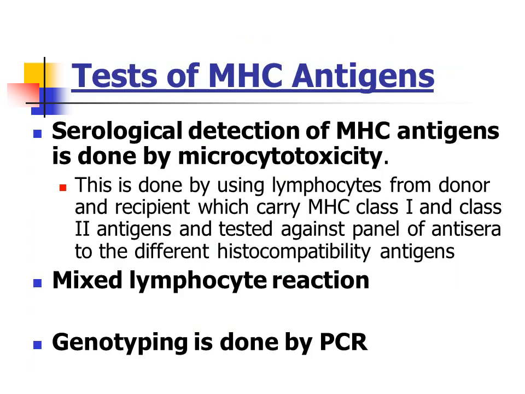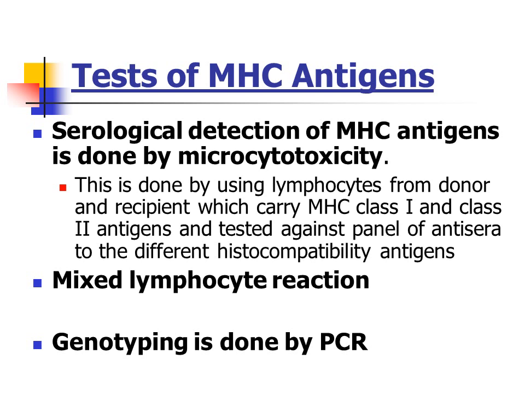Tests of MHC antigen. There are 3 tests: serological detection of MHC antigen by microcytotoxicity, mixed lymphocyte reaction, and genotyping by PCR. The serological detection of MHC antigen is done by a test called microcytotoxicity test.